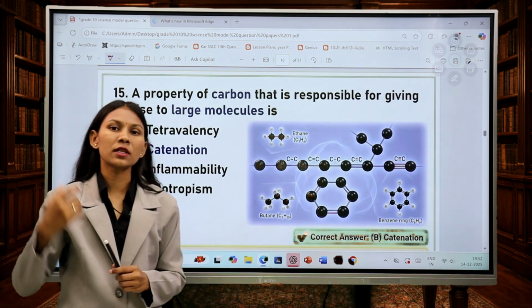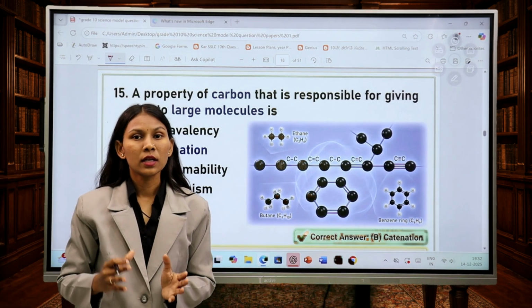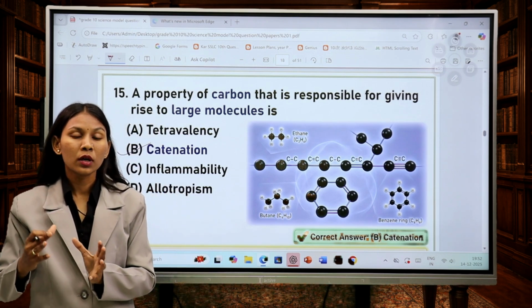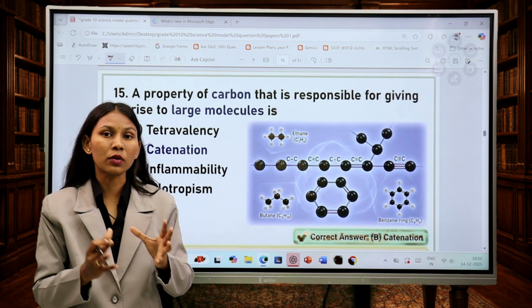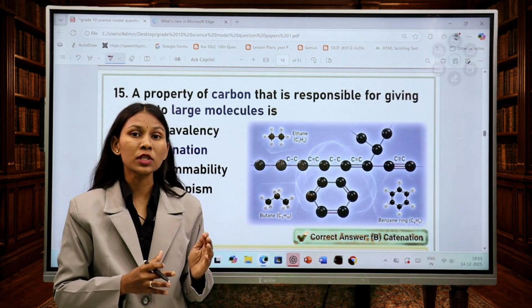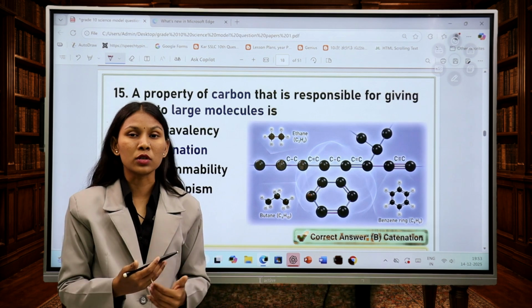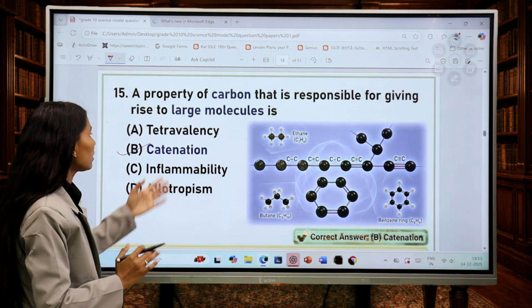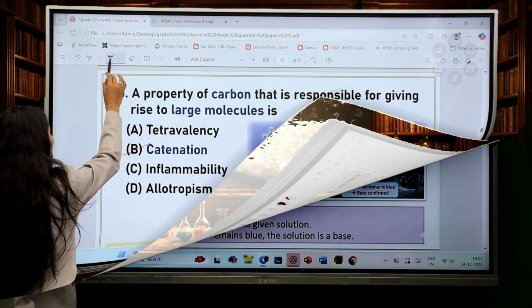Catenation is a property of carbon where the carbon forms bonds with other carbon atoms. One carbon atom forms a bond with another carbon atom. So this gives rise to a large number of molecules, a large number of bonds. This is the exact property. Got it, children? So let's go to the next question.